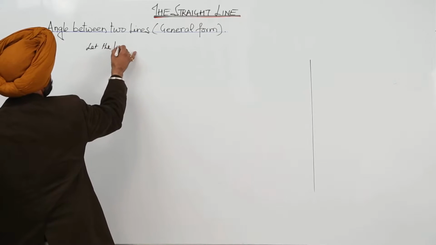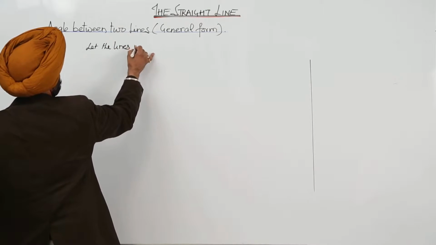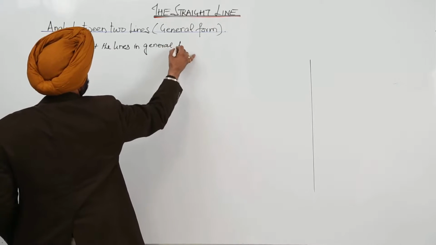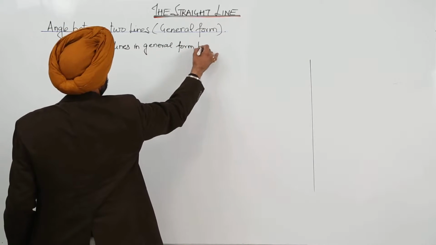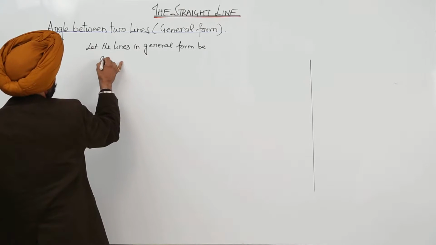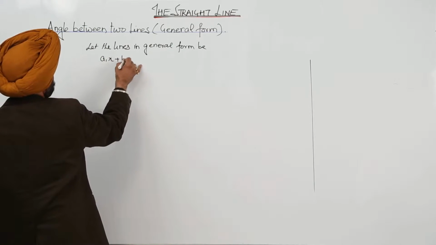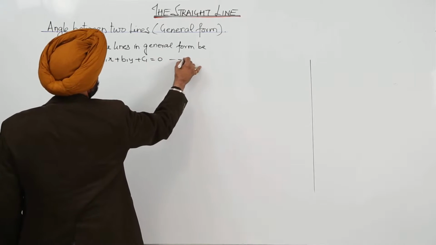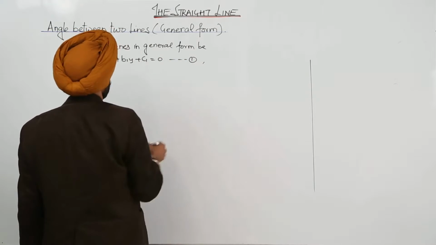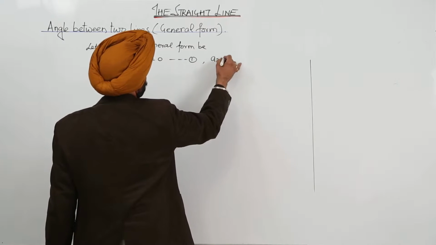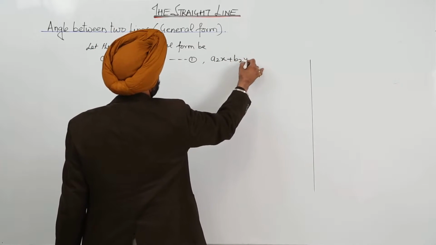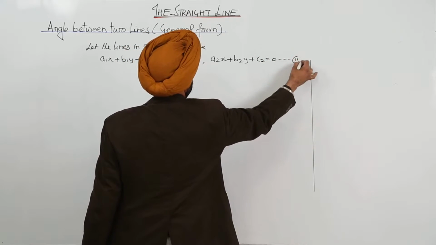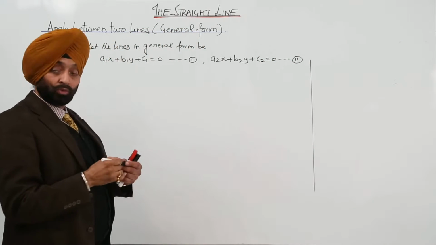Let the lines in general form be a1x + b1y + c1 = 0, equation 1, and a2x + b2y + c2 = 0, equation 2.